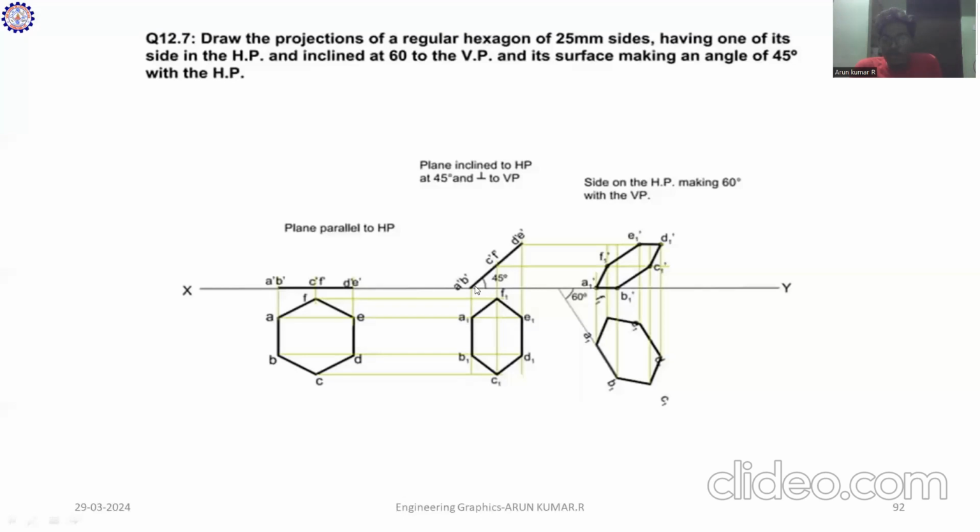Then A joins with A1 dash, B with B1 dash, C with C1 dash, F dash with F1 dash, D dash with D1 dash, E dash with E1 dash. After joining all the points, you get the final view of this condition. So this is the final view of this problem. Thank you.